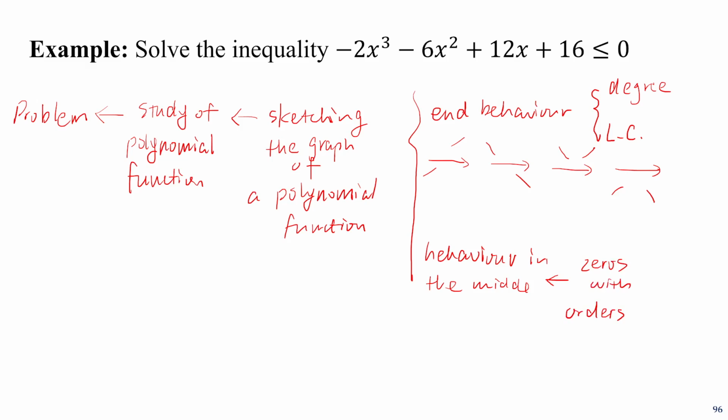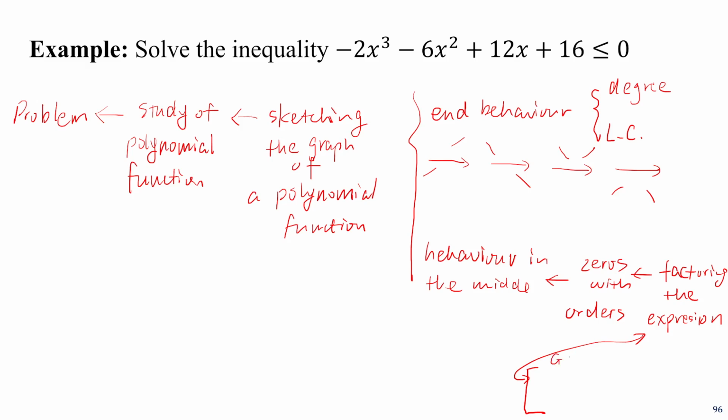How do you check its zeros with orders? You need to factorize or factor the expression. So how do you factorize a polynomial expression? I'll write it here. We have introduced several methods to factorize a polynomial expression, right?